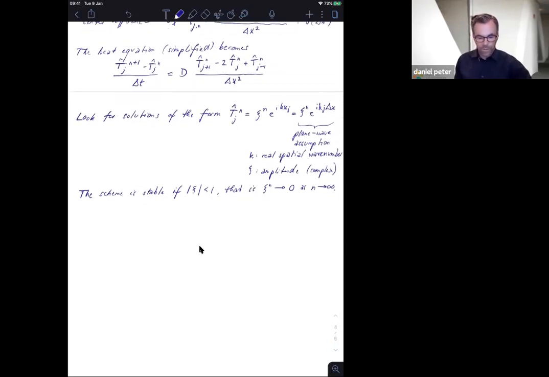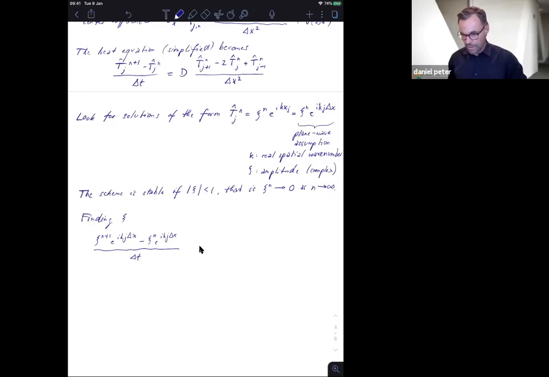So when we would put in our plane wave assumption, and then look for the amplitude term psi, it would look something like psi^{n+1} e^{ikj delta x} minus psi^n e^{ikj delta x} divided, sorry, sometimes not easy to write on this iPad.